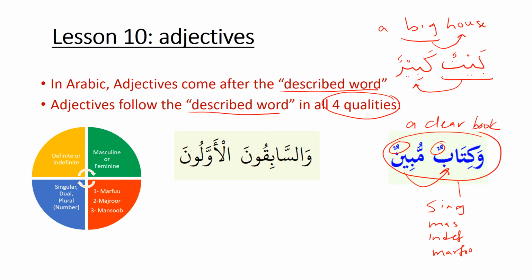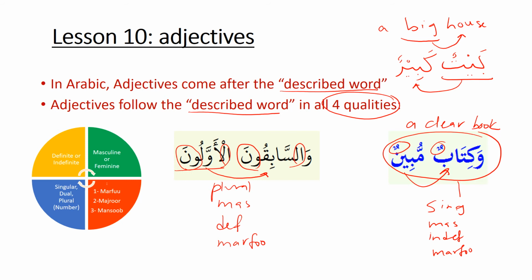وَالسَّابِقُونَ الْأَوَّلُونَ. Okay, it has una. This one has una as well. It has alif lam. It has alif lam as well. It's marfu, and what else? It's masculine, it's plural. So both of these words are plural, masculine. They're definite because they both have alif lam on it, and they are marfu'. So you need to translate it together. We have established that awwaluna is an adjective for sabiquna.